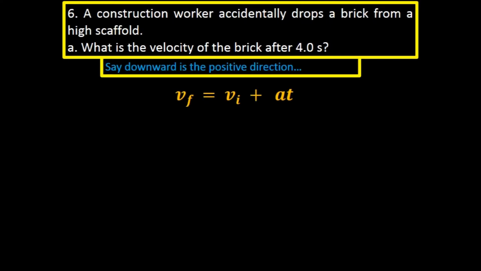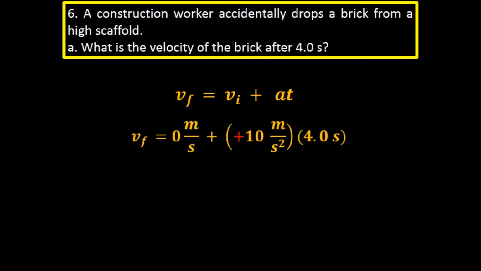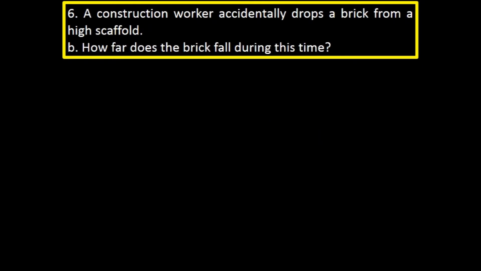Or you can simply say downward is positive G or positive A, and the VI would be 0, so multiply 10 times 4, and it's going to be 40. You can intuitively come up with this answer just by knowing what G means. So the answer would be plus 40 meters per second, or you could say you'd be going down 40 meters per second. Clear? Okay.